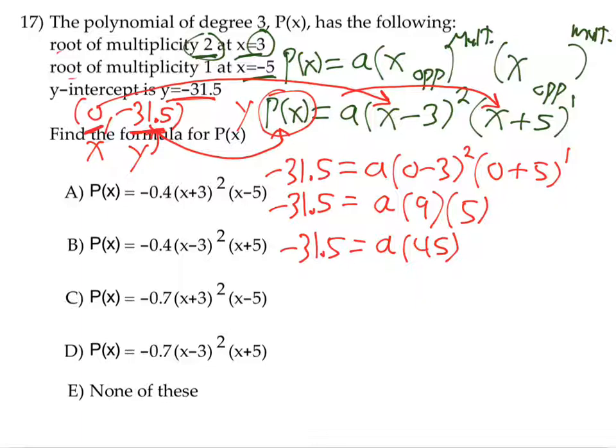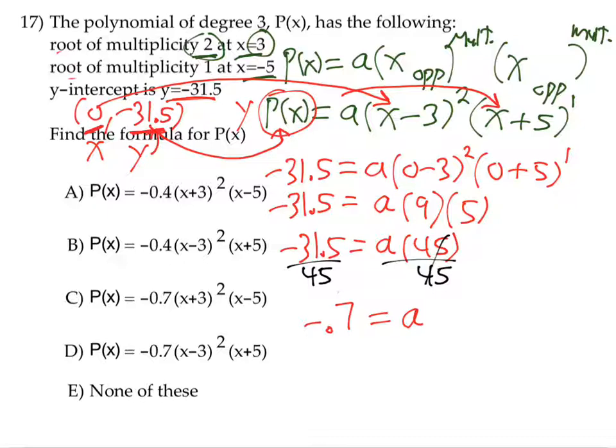How do we now solve for a? Divide by 45. A equals, hit the buttons on your calculator. I'm getting negative 0.7.